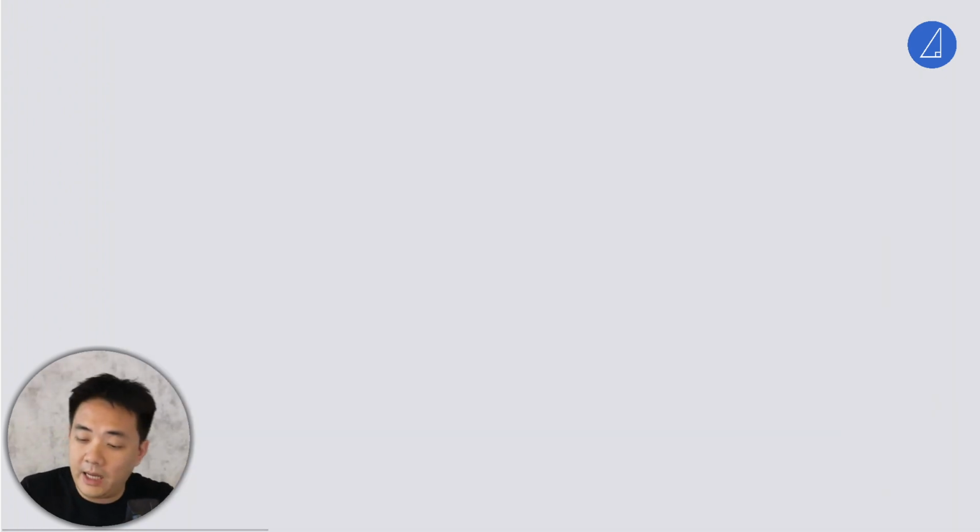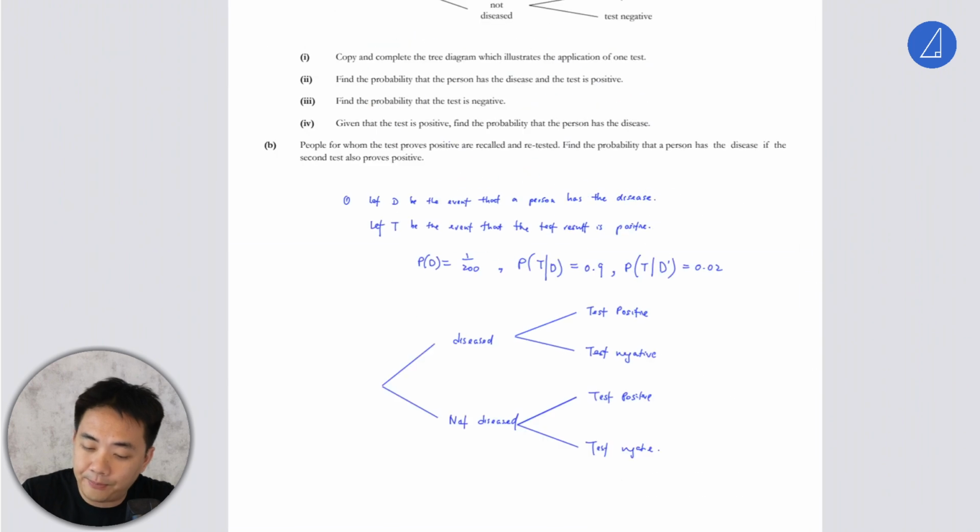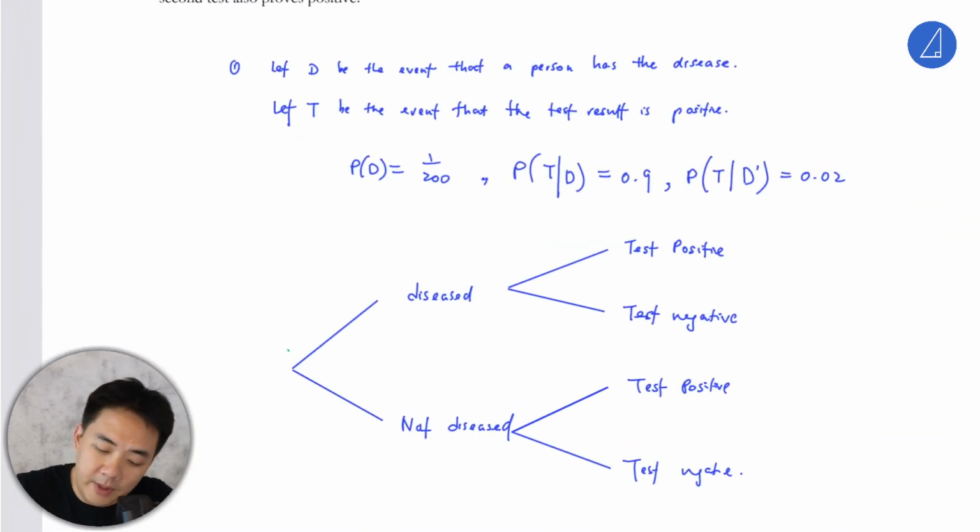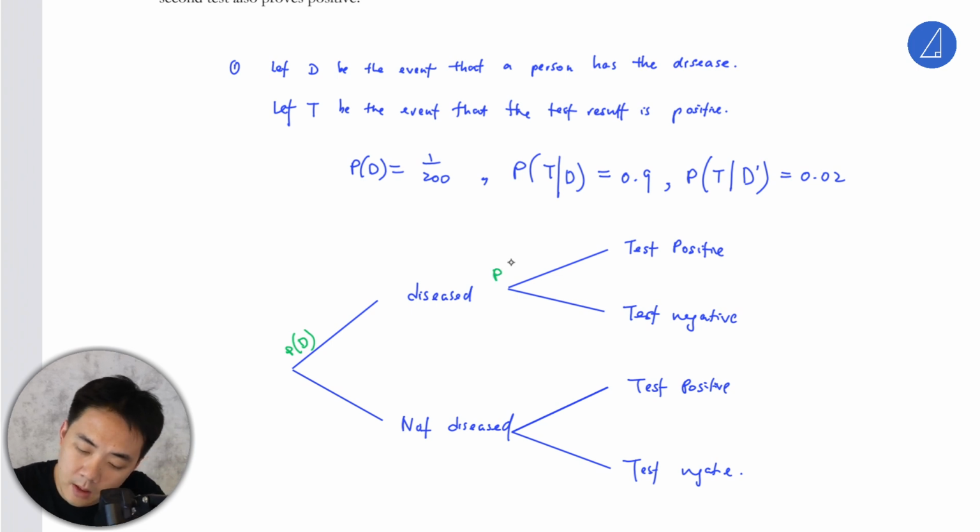Copy down, label all the diagram. Just to recap, this is obviously P(D). This is P(T given D happened). This branch is not P(T), it is P(T given D) as D already happened. Then this is P(D prime), and this branch is P(test positive given D prime).